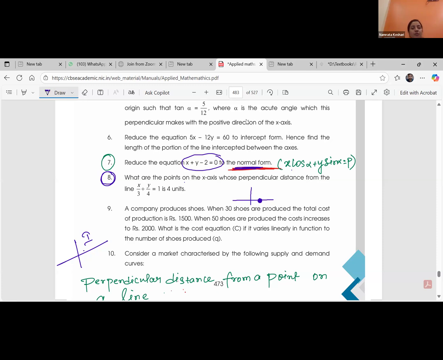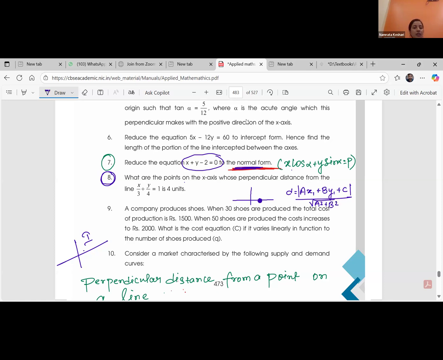The formula for perpendicular distance from a point to a line is d is equal to the modulus of ax1 plus by1 plus c, over under root a square plus b square.